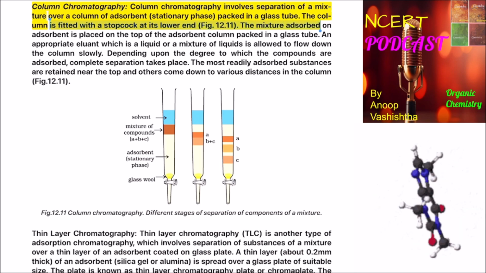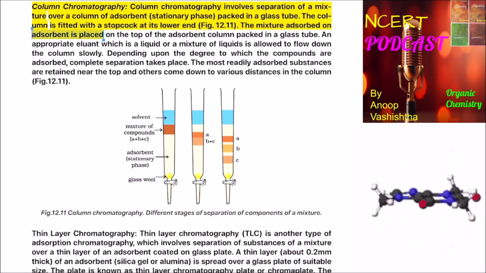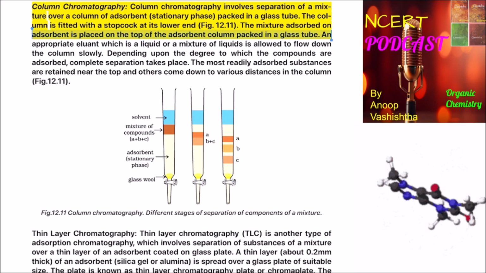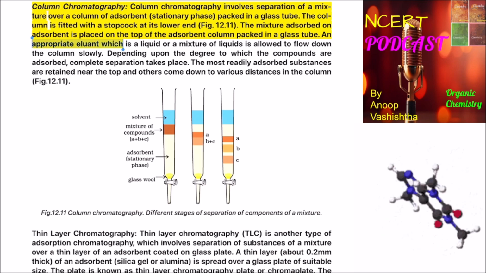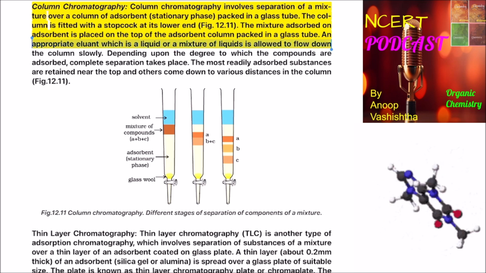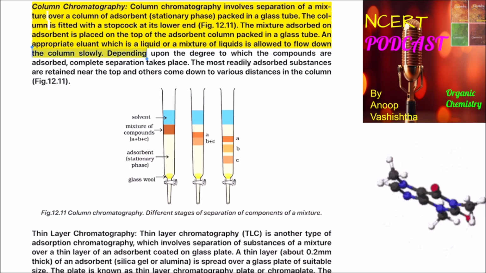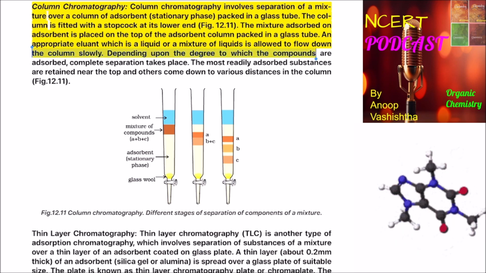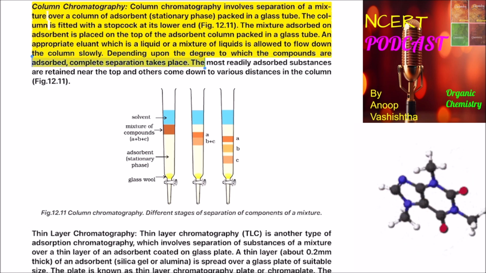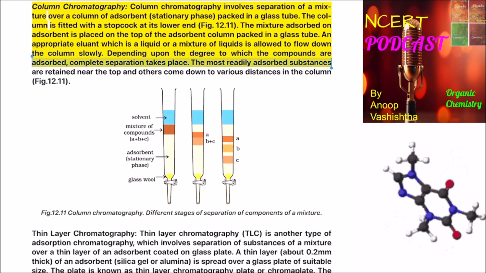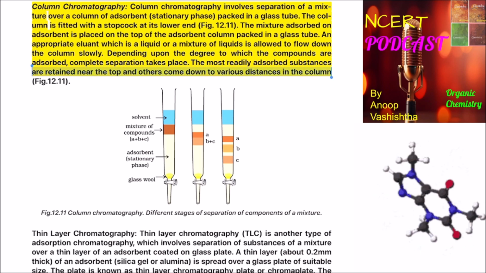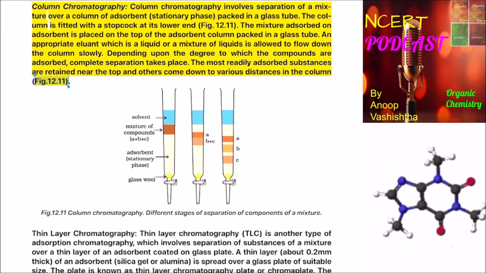The mixture adsorbed on adsorbent is placed on the top of the adsorbent column packed in a glass tube. An appropriate eluent, which is a liquid or a mixture of liquids, is allowed to flow down the column slowly. Depending upon the degree to which the compounds are adsorbed, complete separation takes place. The most readily adsorbed substances are retained near the top and the others come down to various distances in the column, figure 12.11.